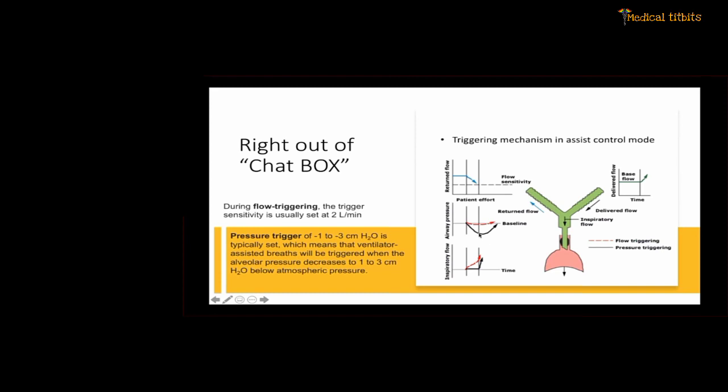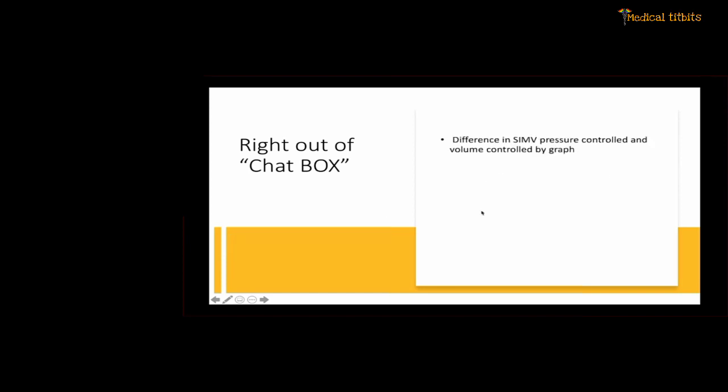When it comes to pressure triggering, when the pressure tracing comes down, maybe if you set -2 centimeters of water from the baseline, if it is pulled down to -2, then the next assisted breath is triggered. Usually for flow triggering, we keep 2 liters per minute.